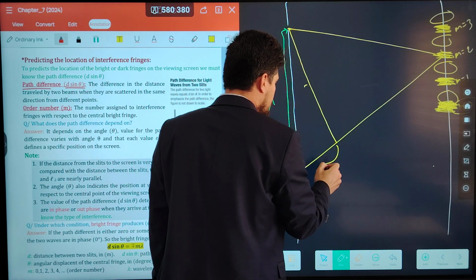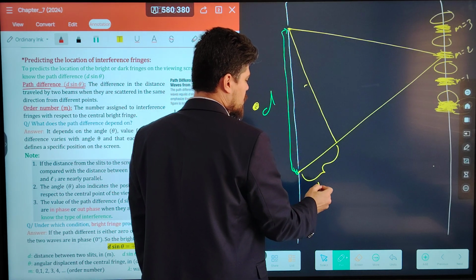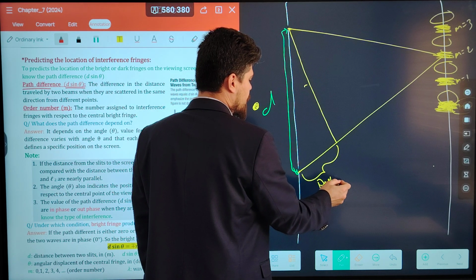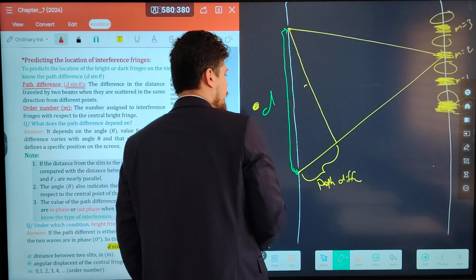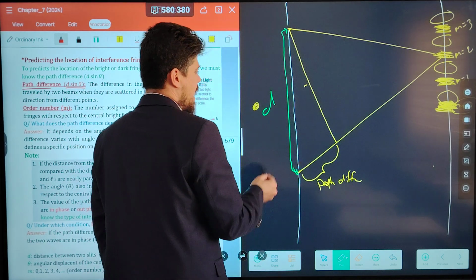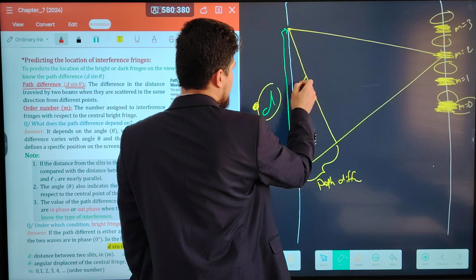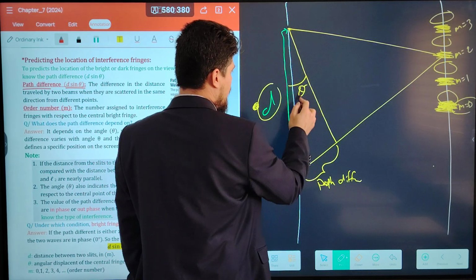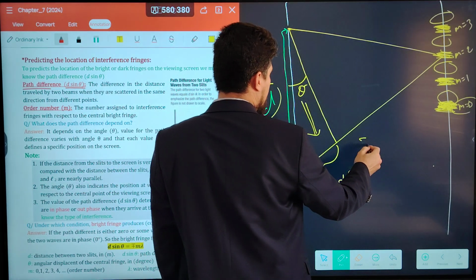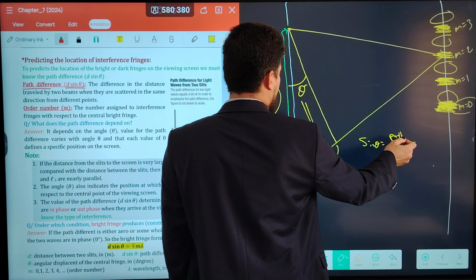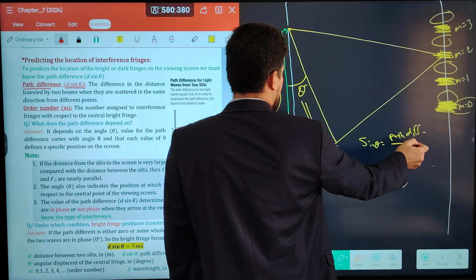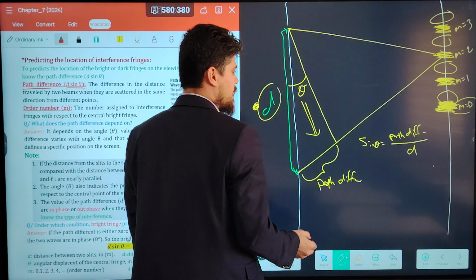This is called path difference. What is this? Path difference. This one is the hypotenuse, and this is the angle, opposite of the angle. Sine theta is equal to what? Path difference divided by what? By d.